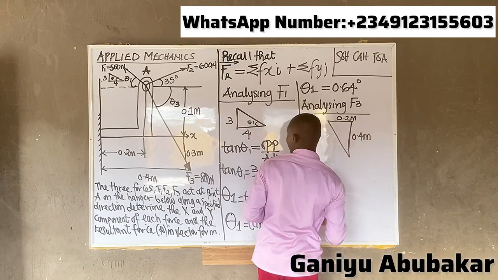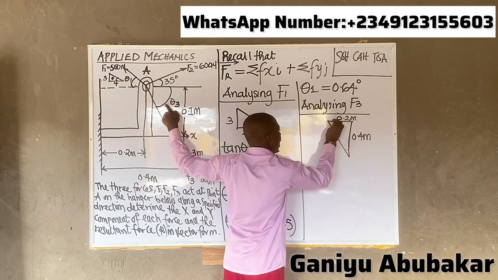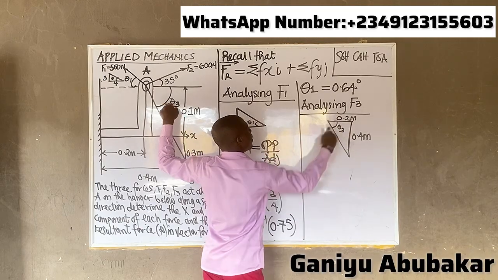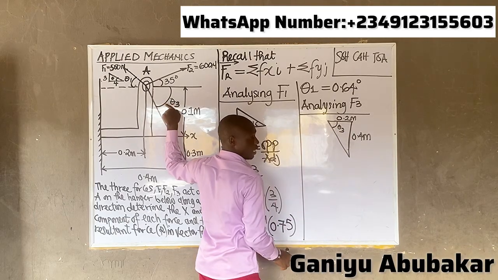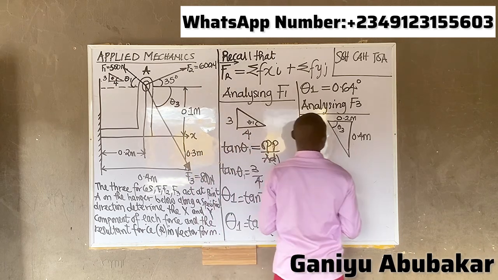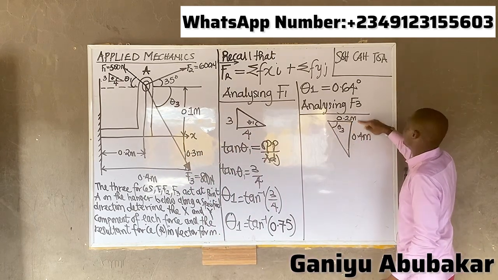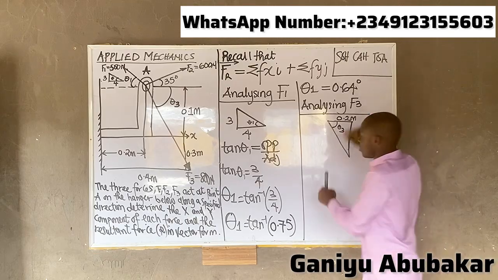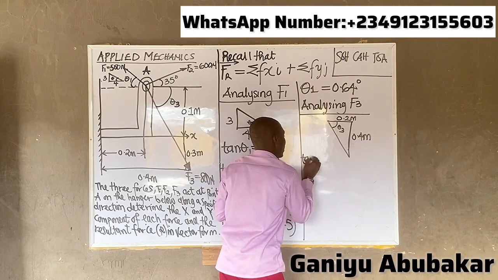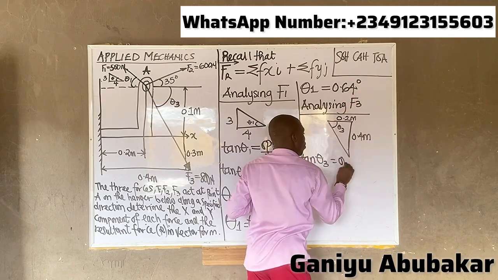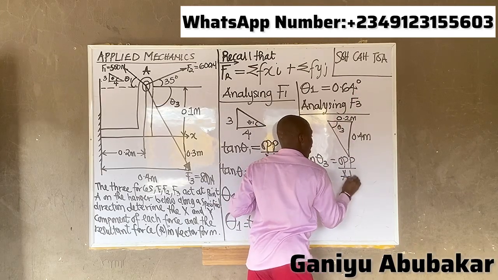So the angle theta 3 is at this point here. Let's apply the SOHCAHTOA concept to get theta 3. Now, what am I given? I'm given opposite and then adjacent. I'll still use tan, right? So tan theta 3 is equal to opposite over adjacent.